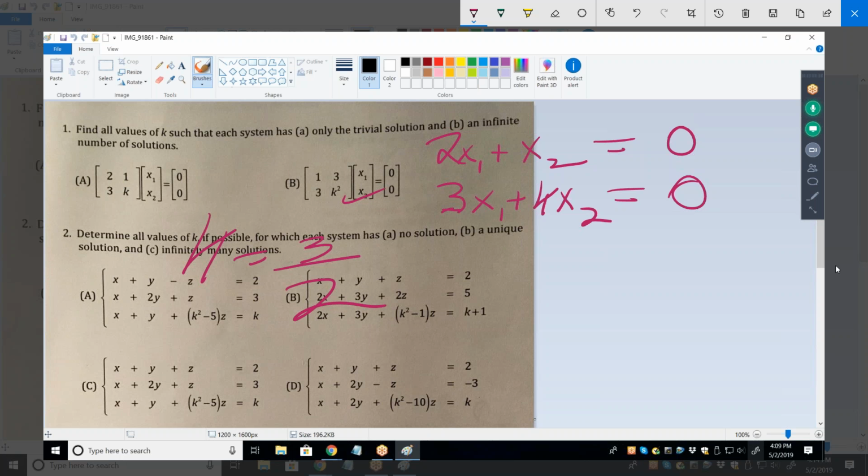Then equation 2 is just 3/2 times equation 1, because that makes them the same equation, because they're the same ratio. So when k is equal to 3/2, you automatically have infinitely many, because it's the same equation.